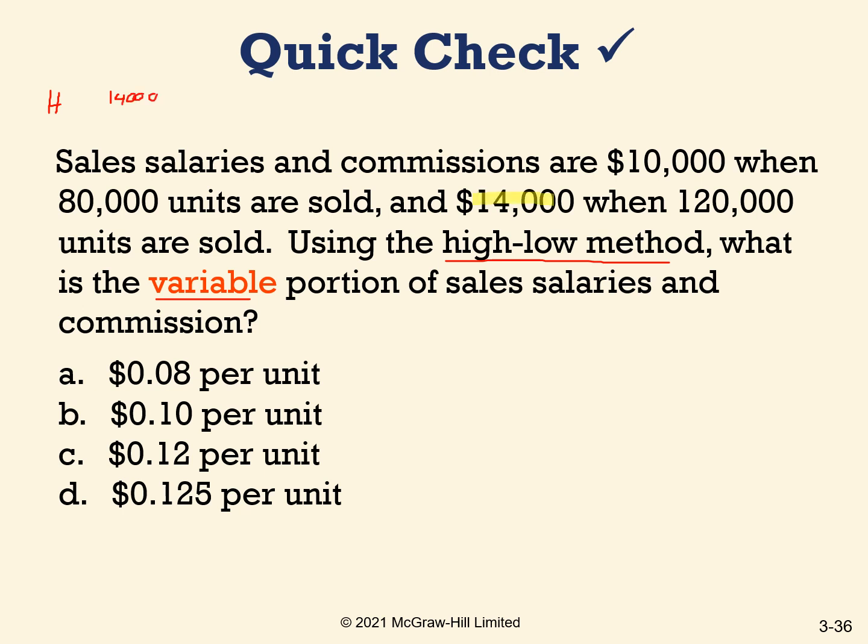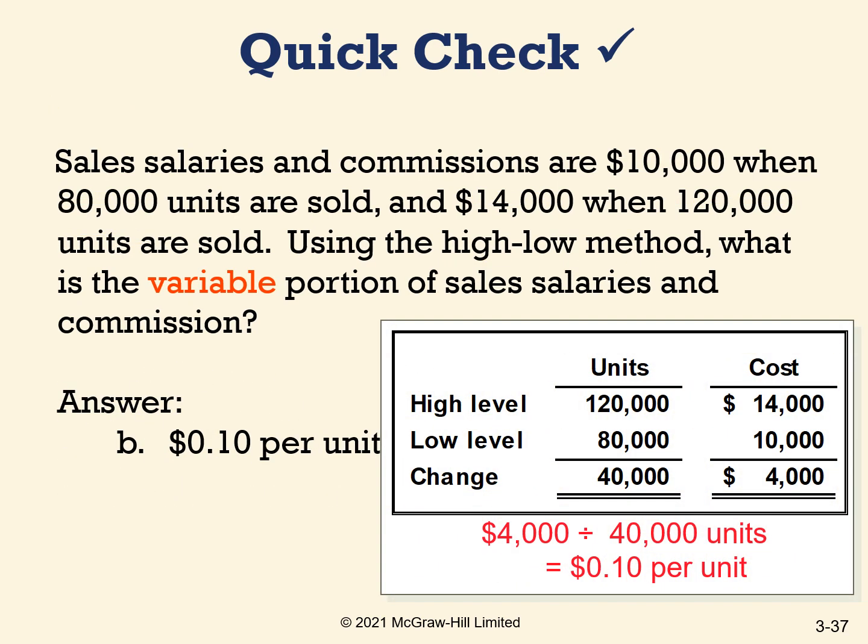So our high is the $14,000 with 120,000 units sold, and our lower range is going to be $10,000 with 80,000 units sold. In order to figure this out, we're going to take our high level of units, the 120,000, and our low level, and subtract the low from the high. So 120,000 minus 80,000 is going to give us 40,000.